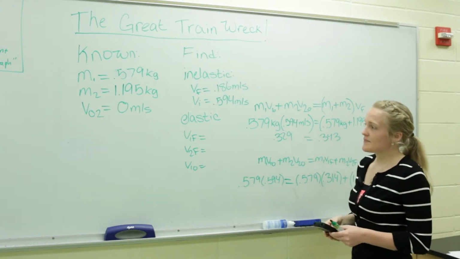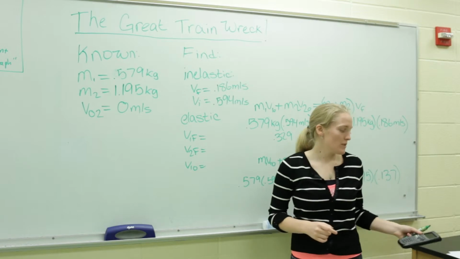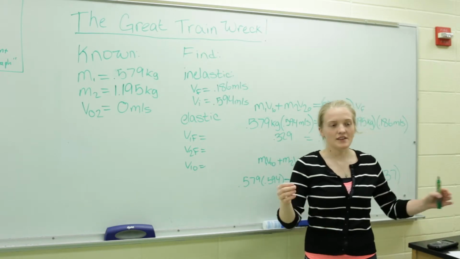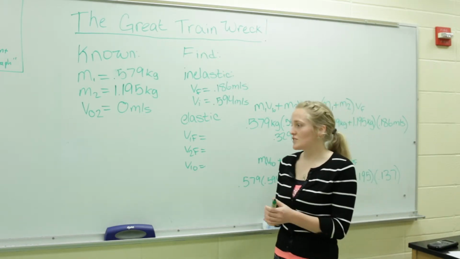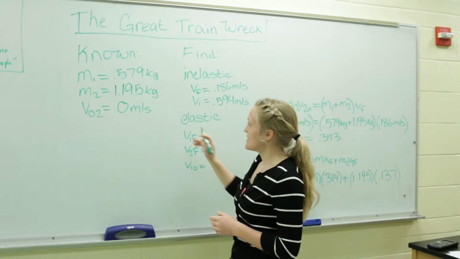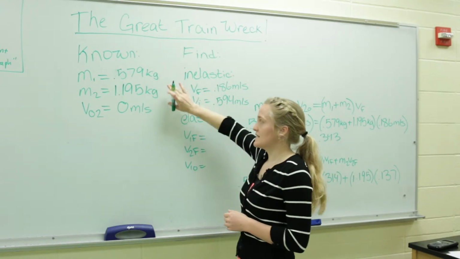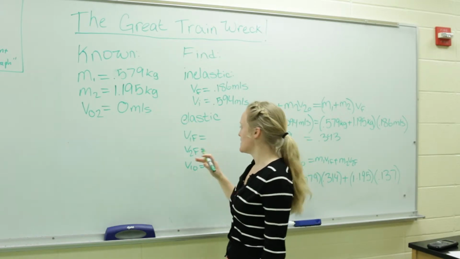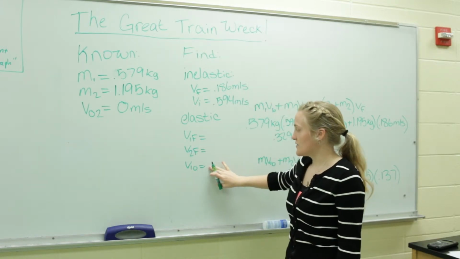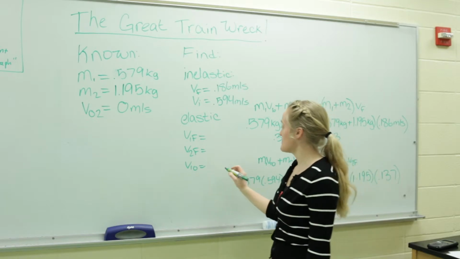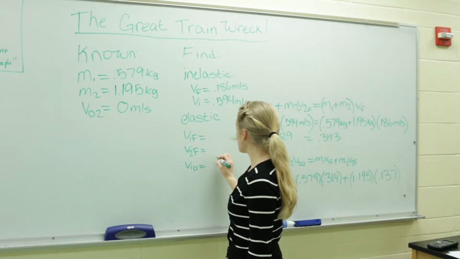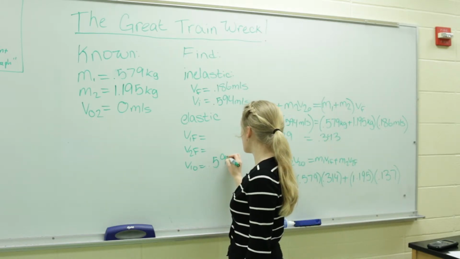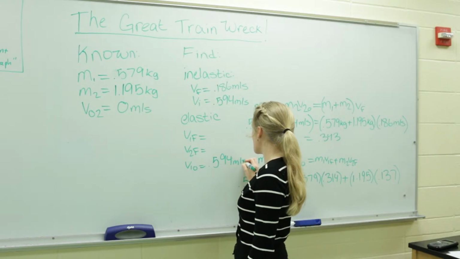Then in our elastic collision, where the two carts are repelled off of each other, we had the same masses and the same initial velocity for cart 2 at the bottom. The initial velocity of cart 1 is the same, still 0.594 meters per second.